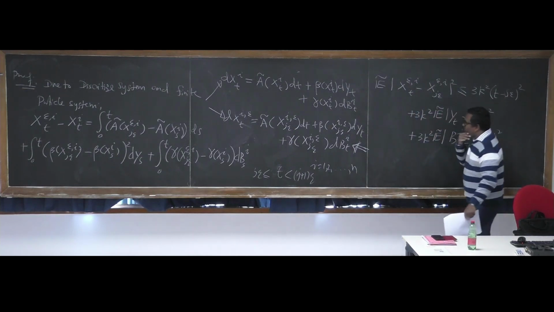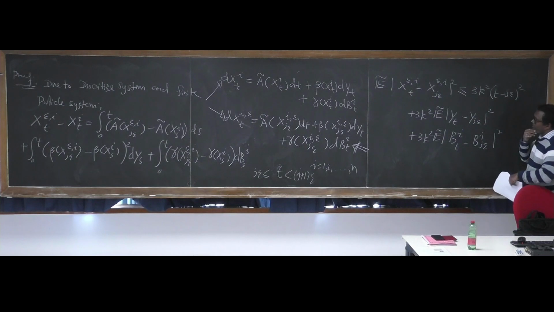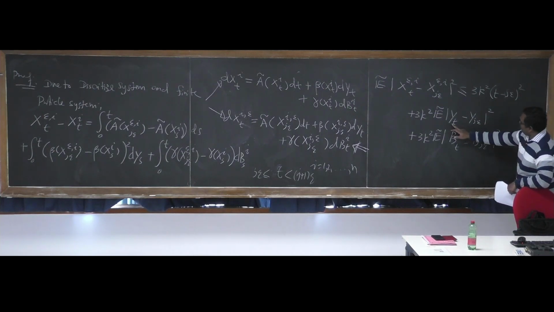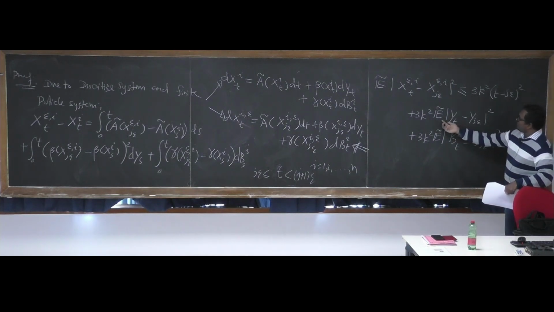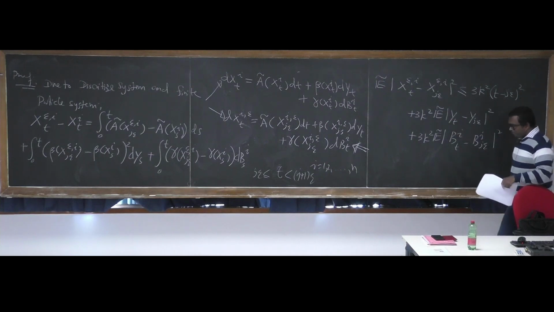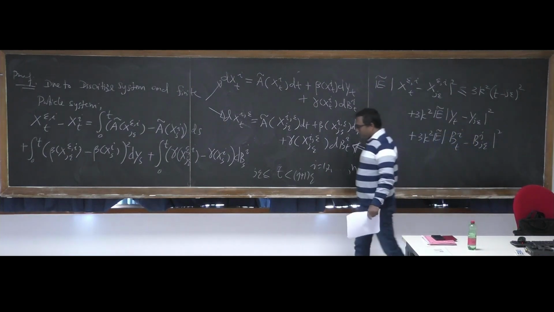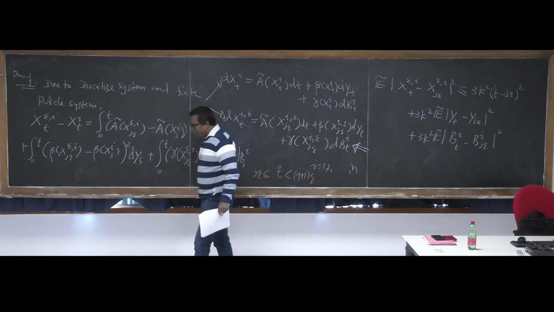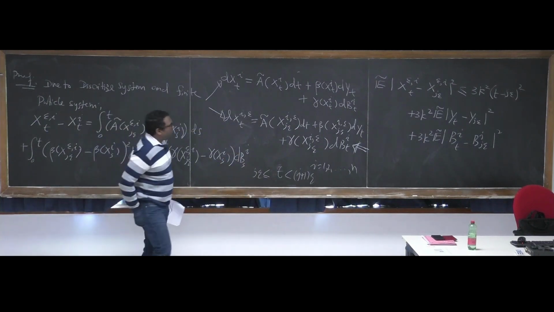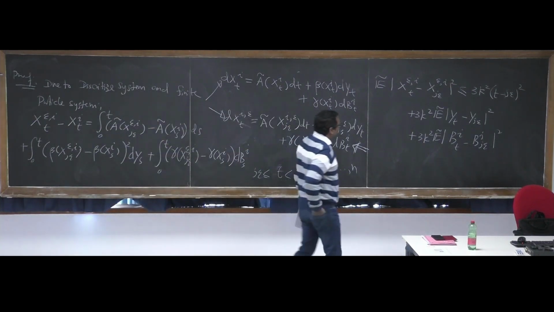On the other hand, Y_t and B_t are Wiener processes, in particular the variance of Y_t is t.